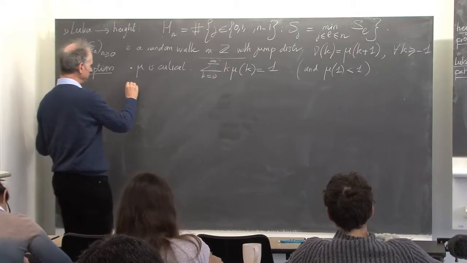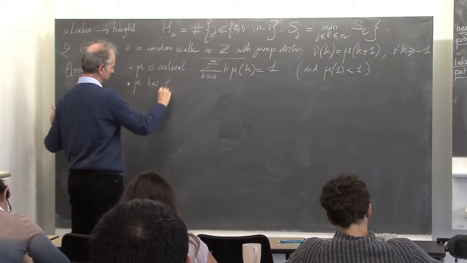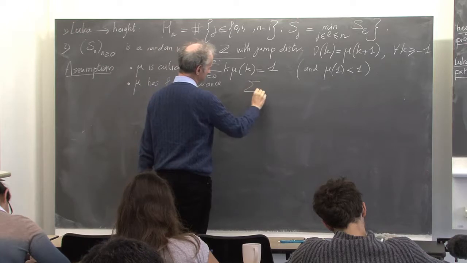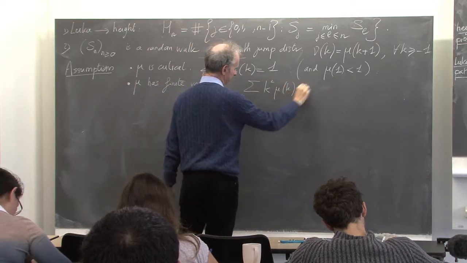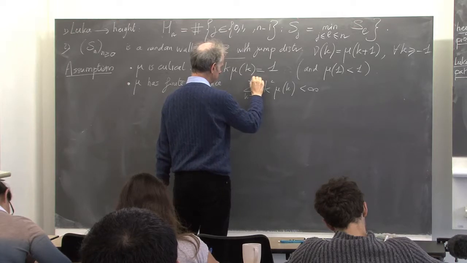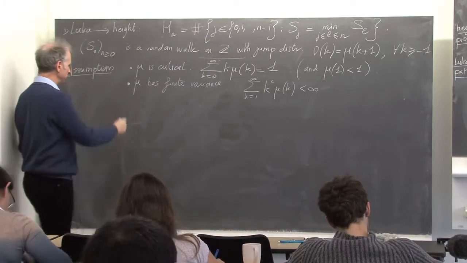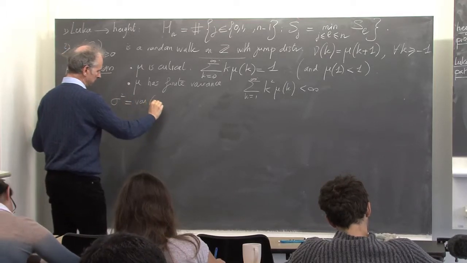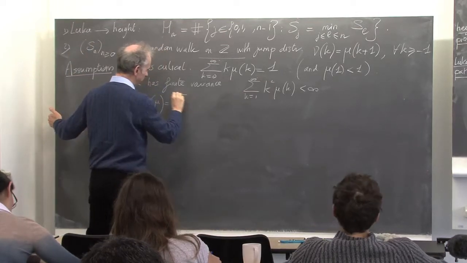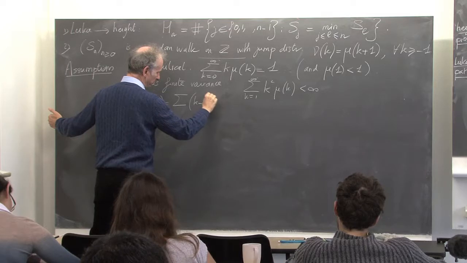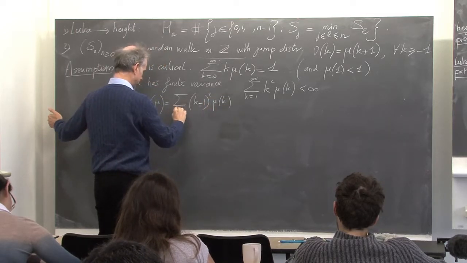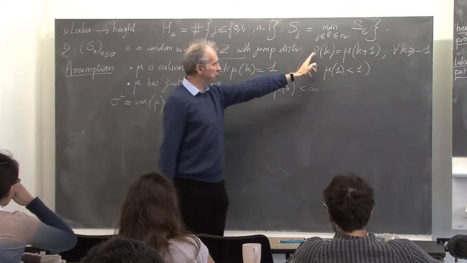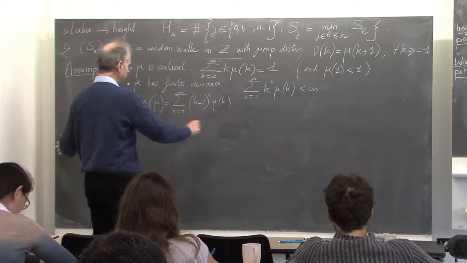Second assumption: I will assume that mu has finite variance, just saying that the sum of k squared mu of k is finite. Then I will set sigma squared to be the variance of mu. So it's not this sum, it's this sum minus 1, or if you prefer, the sum of (k minus 1) squared mu of k. And of course, because nu is just mu shifted, this is the same as the variance of nu.